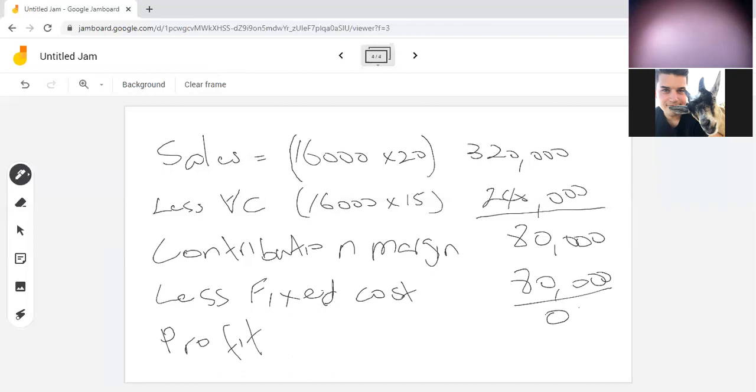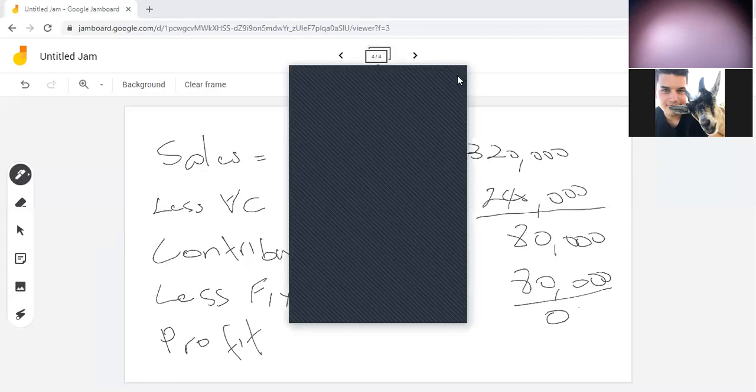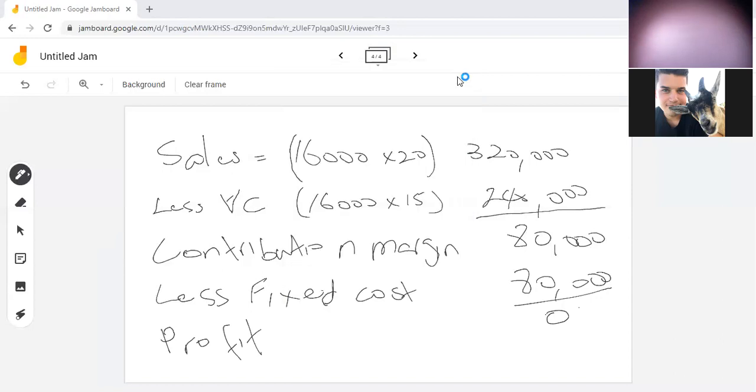All right, so let's take a look at question 2. So in question 2, Harman Corporation manufactures bats with Lara Walker autograph stamp on them.